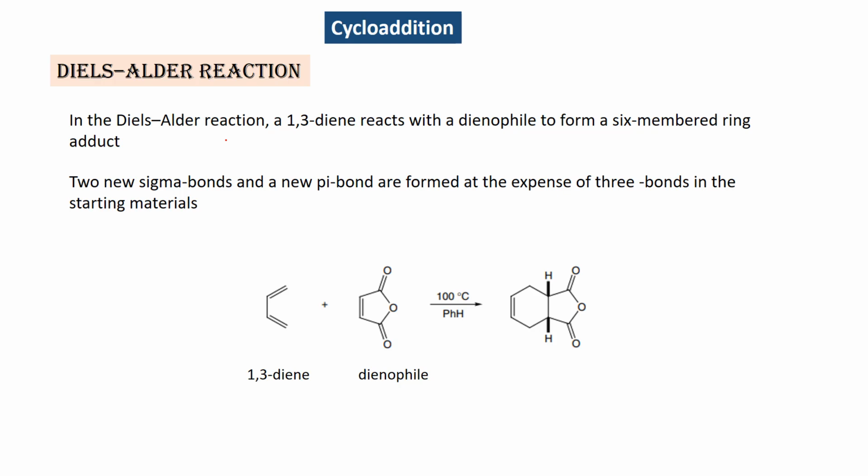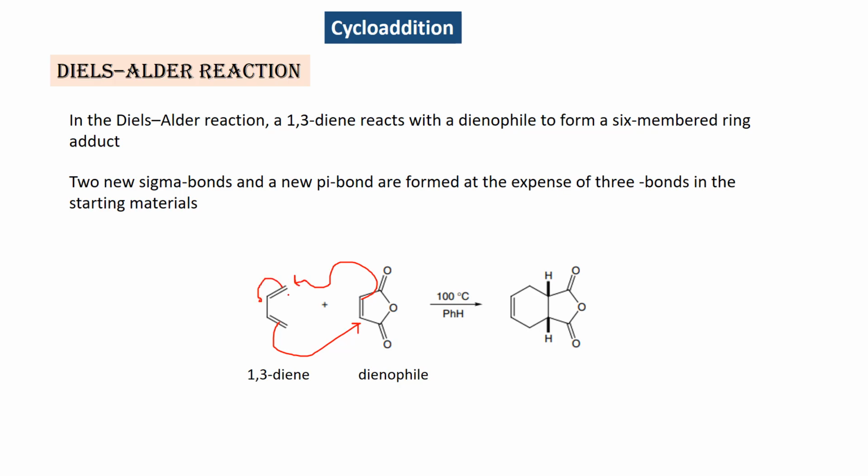In the Diels-Alder reaction, a 1,3-diene reacts with a dienophile to form a six-membered ring adduct. Two sigma bonds and a pi bond are formed at the expense of three pi bonds in the starting material. So what they are saying, see, in this case this will go here, and this pi bond shifts.